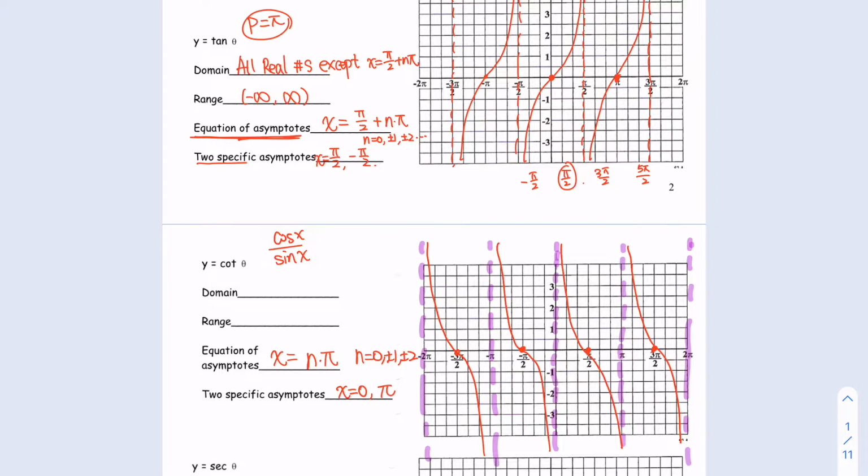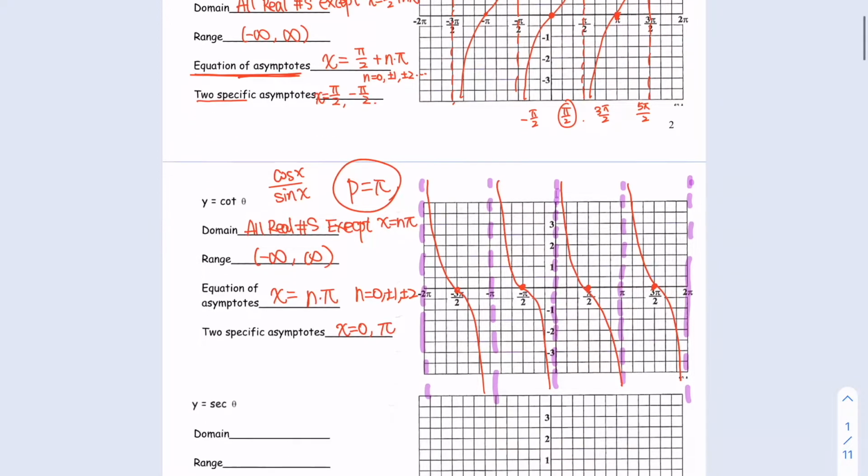So the domain will be all real numbers except x equals n pi, the asymptotes. And the range is negative infinity to positive infinity. And of course, the period here for cotangent is also pi.